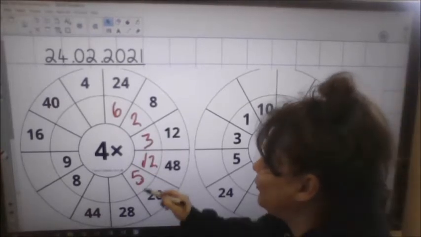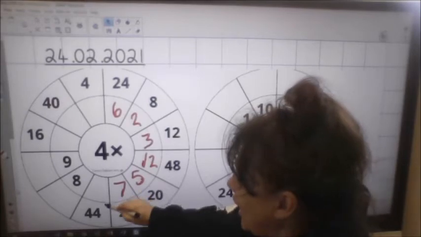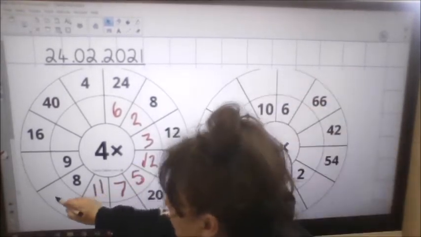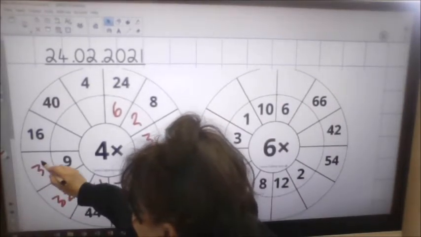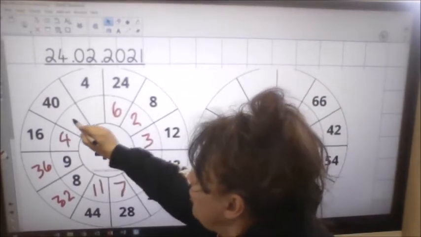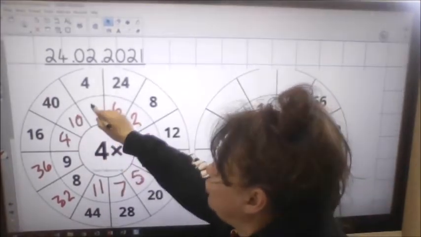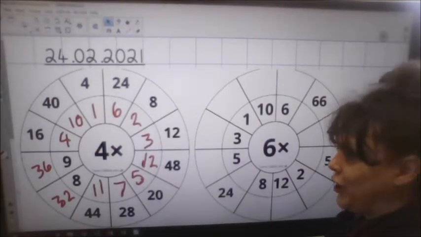Okay, 4 times 5 is 20. 4 times 7 is 28. 4 times 11 is 44. 4 eights are 32. 4 nines are 36. 4 fours are 16. 4 times 10 is 40, and 4 times 1 is 4. Hopefully, you've got all of those correct.